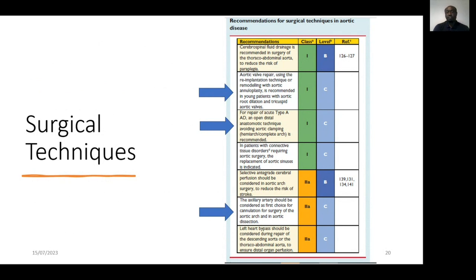But you must ensure you do an open distal anastomosis technique. And they recommend, as a 2A recommendation, the axillary artery as first choice, but it's slower to get to. If the patient is not doing very well, the femoral artery is the next fastest, or go central if it's safe to do so.